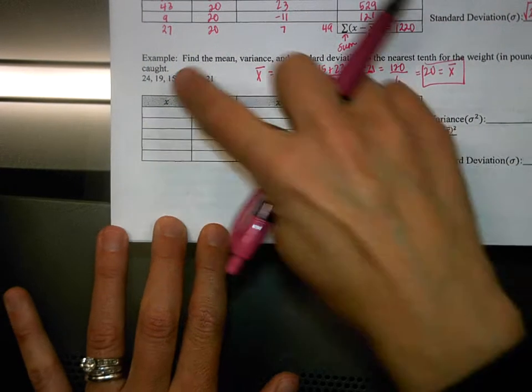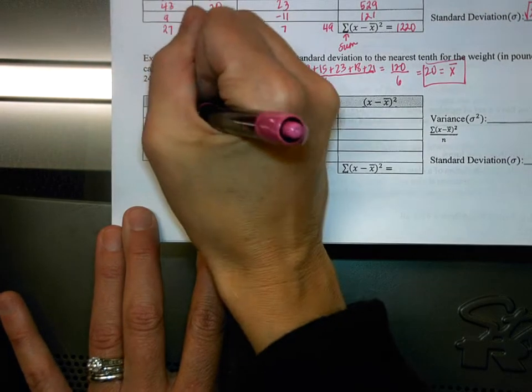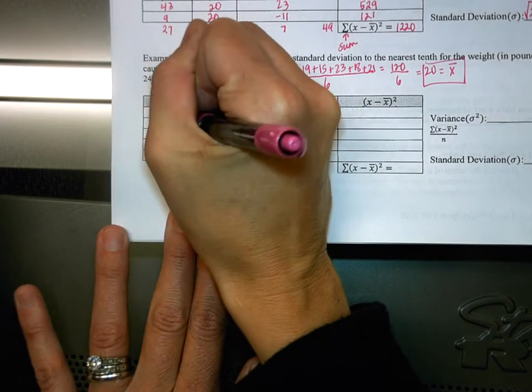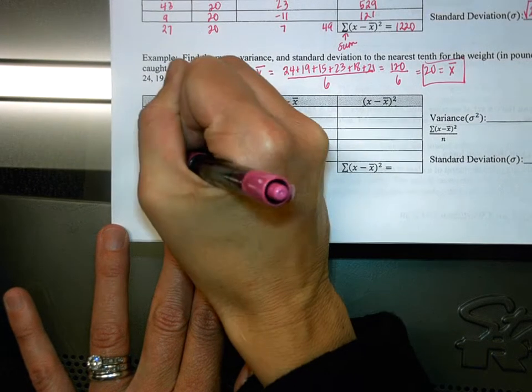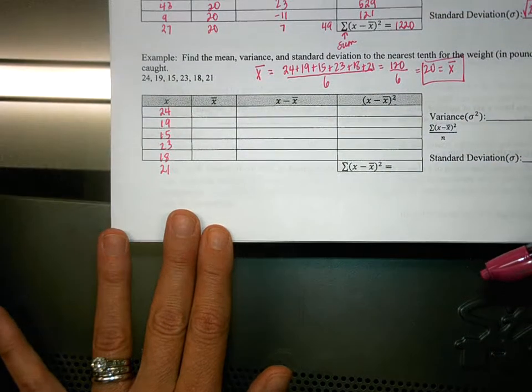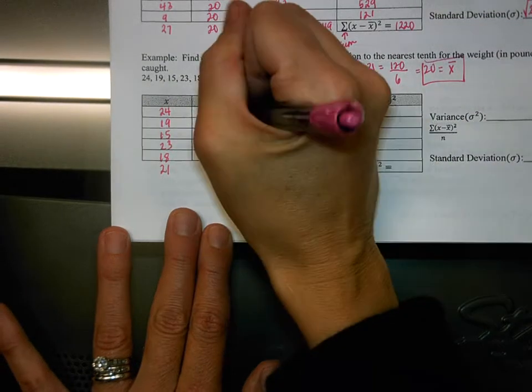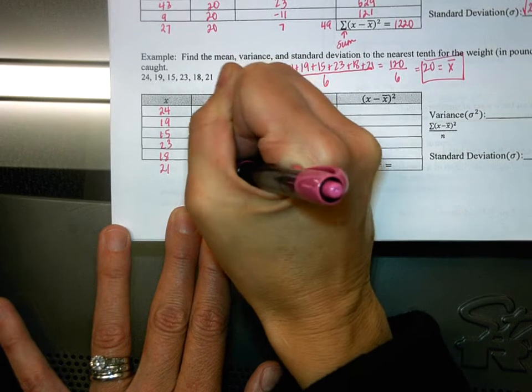Under each of the x's, I'm just going to go back and write each of the pieces I had. So 24, 19, 15, 23, 18, and 21. What is the mean for each of those? 20, very good.